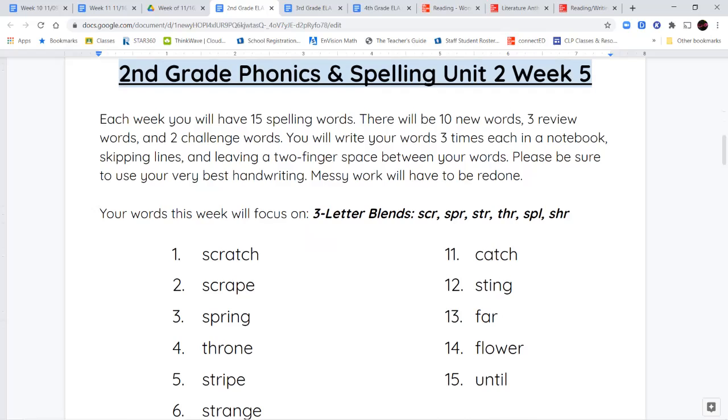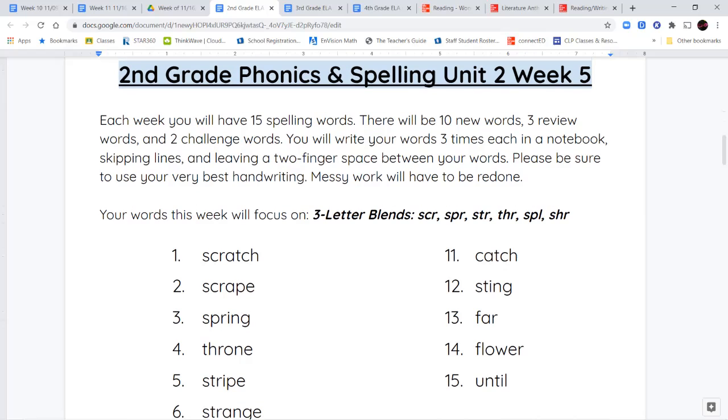Now, for this week, we're going to be working on 3-letter blends. Now, we talked about 3-letter blends way back, I believe in Unit 1, if I remember correctly. So 3-letter blends are when you have 3 consonant letters that you're saying together. And you can usually find these 3-letter blends in the beginning of a word.